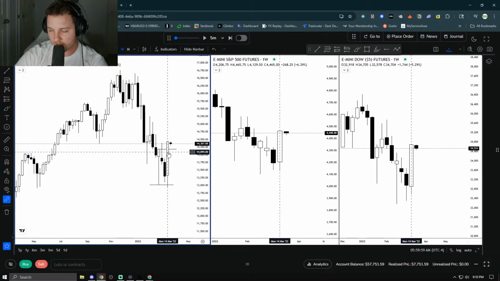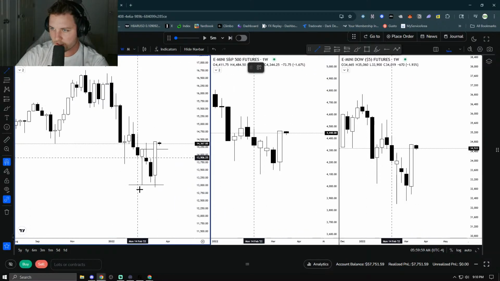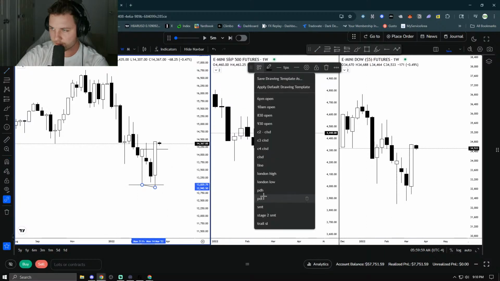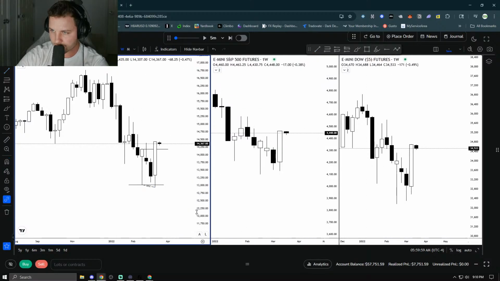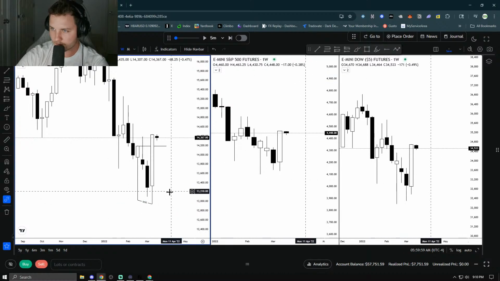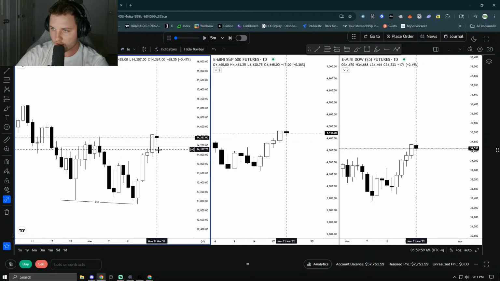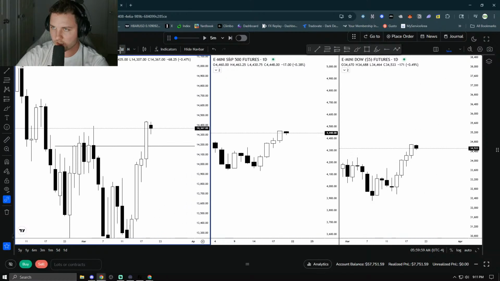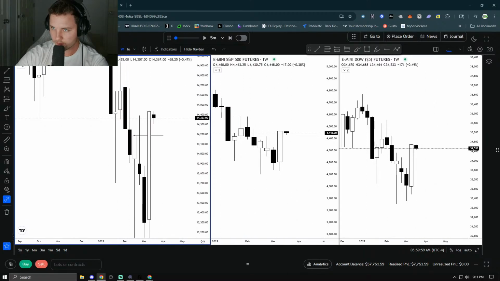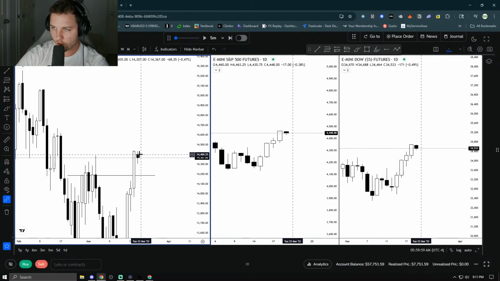So if we were to imagine this on the 5-minute chart, we have our SMT here. So we want Monday. Okay. So we want Monday to open low into this area.